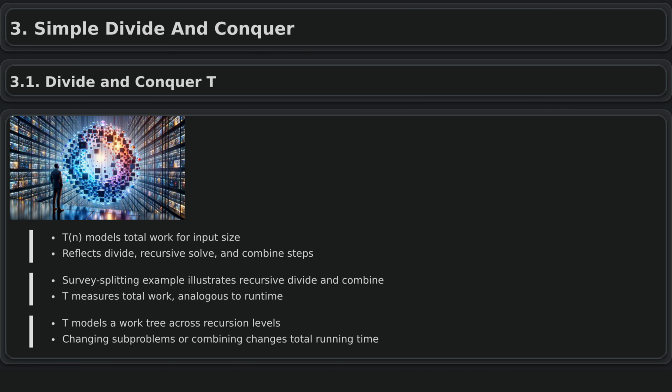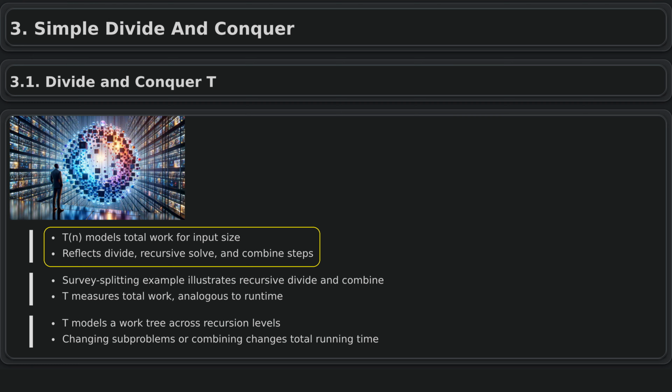Simple divide and conquer T. Divide and conquer algorithms solve problems by repeatedly breaking them into smaller subproblems, solving those subproblems, and then combining the results.